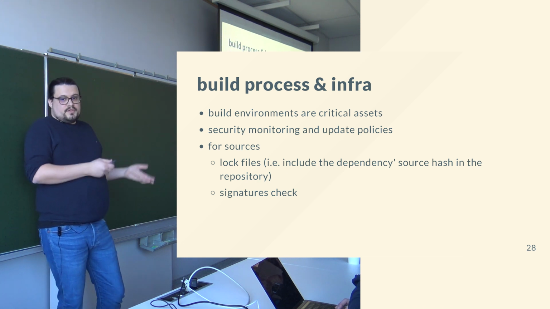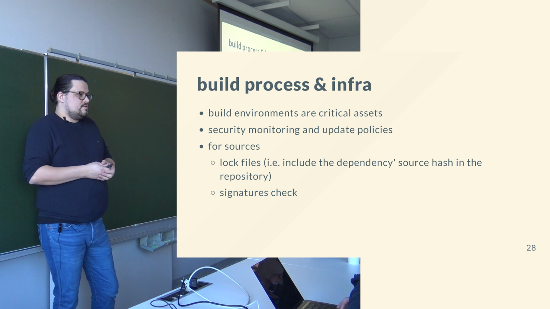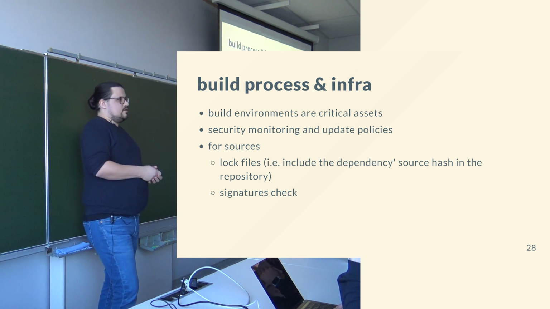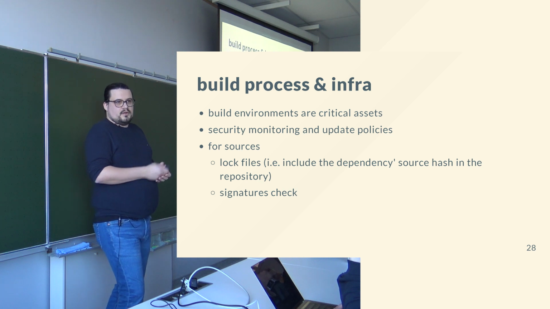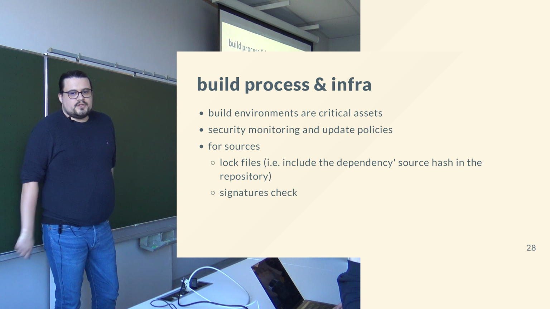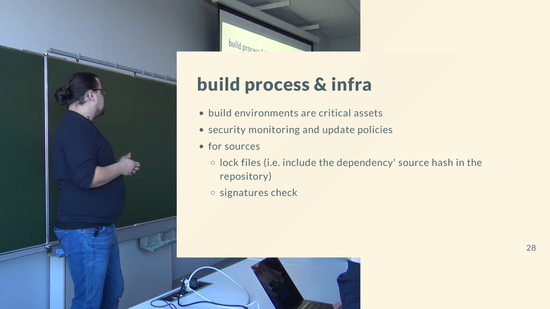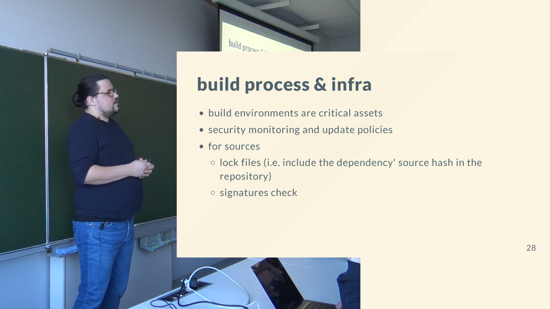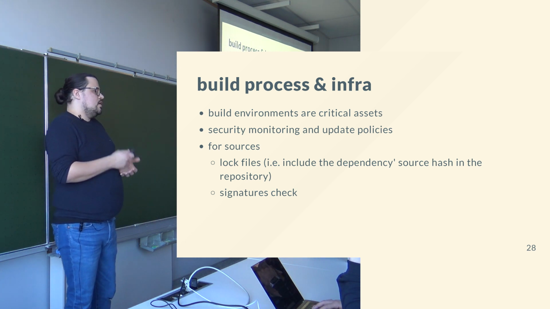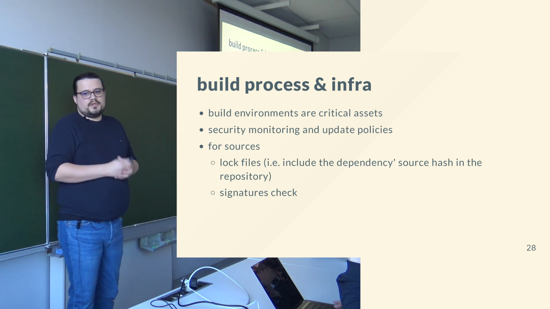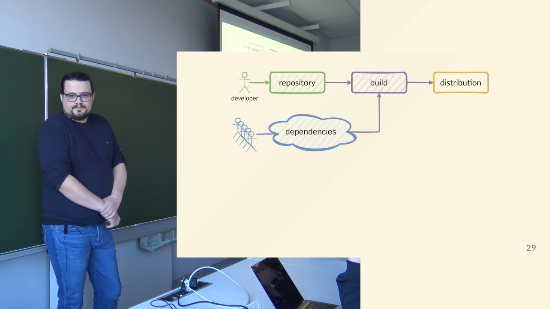We need to do security monitoring and security fixes on the build platforms too, because they are a critical aspect of software security. And we need to ensure we download the right sources, so that means including log files and signatures check on the download part of the build process, so that you ensure you are only downloading what you want.